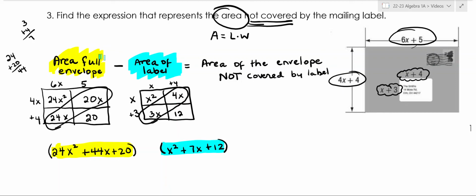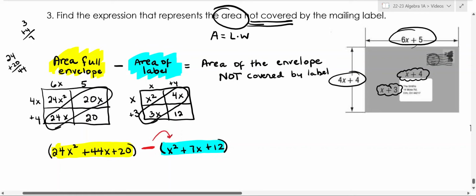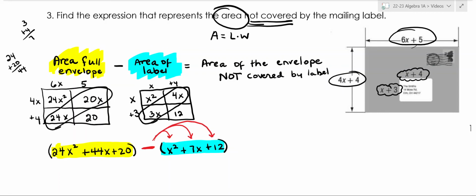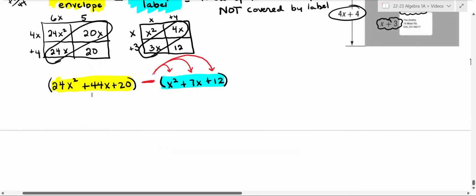And we said that if we take the area of the full envelope and subtract the area of the label, we were going to get the area of the envelope not covered by the label. So guess what? Minus. This is kind of a really big negative sign. We're subtracting, and when we have a negative sign, remember, we need to distribute it before we do anything.